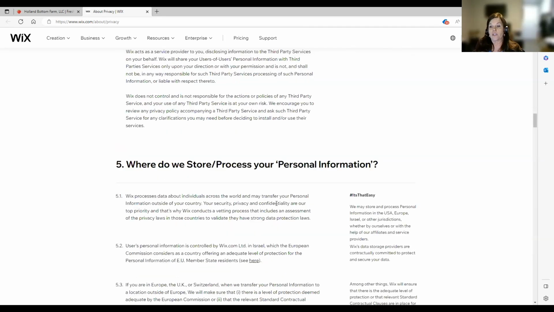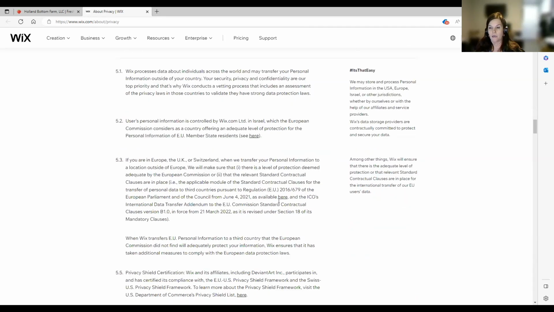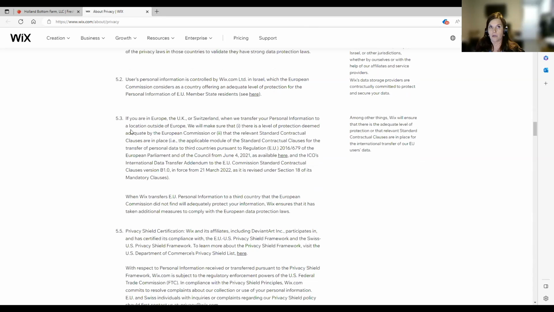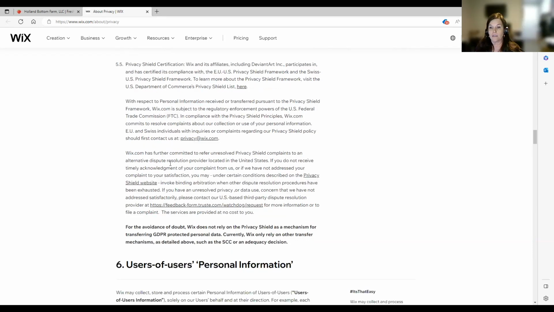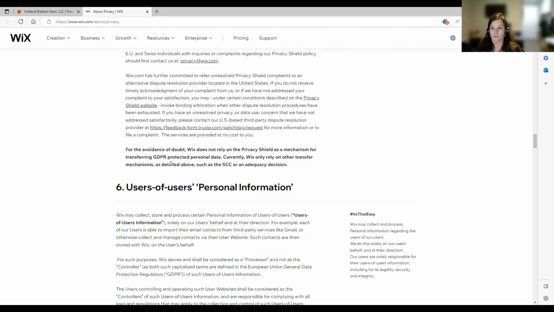They provide good information about where they store your personal information, and even discuss a section about if you're in Europe, the UK, or Switzerland, when they transfer your personal information, they make sure that they follow the guidelines and the requirements for that. They talk about their Privacy Shield certification, and then use of users' personal information.